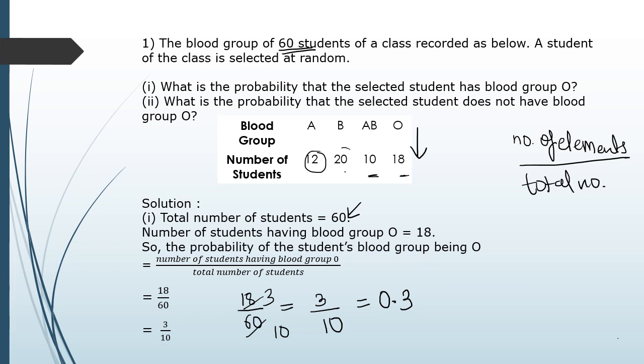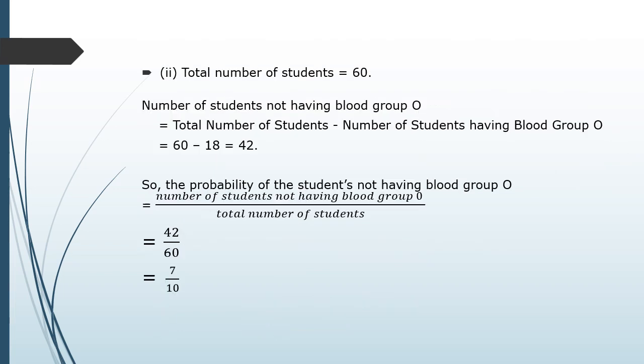Now, for the next question, we have to find out the probability that the student does not have blood group O. Alright. The total number of students, this is our sample space, which is 60 students.